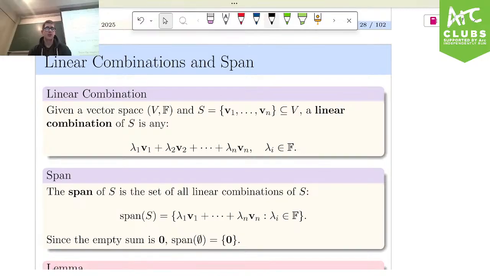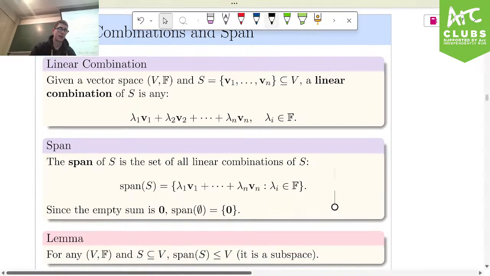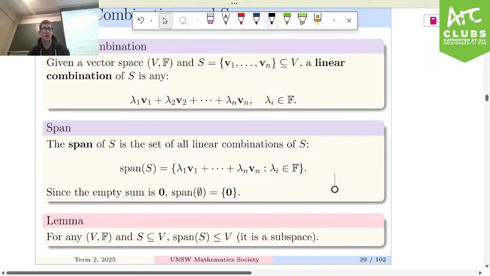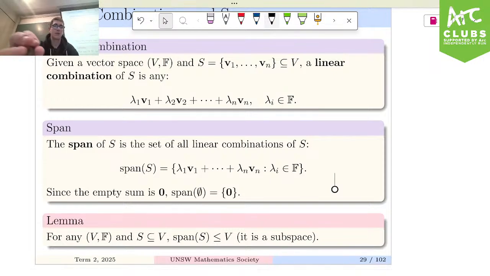Using that, we can define a span to be the set of all linear combinations of a particular set of vectors. There are some things we can say that are special about a span. If the span is the vector space itself, then we would say that it's a spanning set. In particular, we can also say that any span is also a vector subspace of our space V. So we would write it like this.